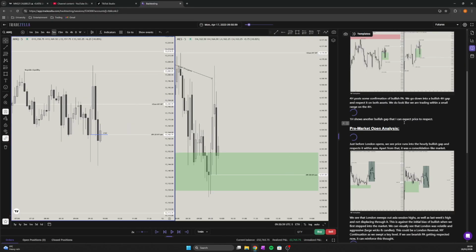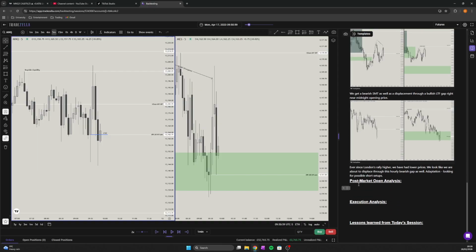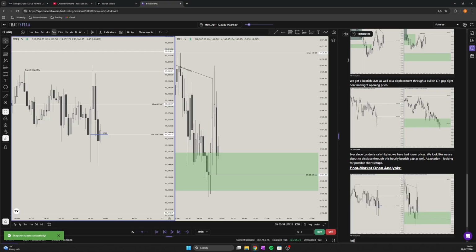So let's just actually journal all this stuff now because we're in the open. Following New York AM Open, we see a rally higher taking out the time frame low resistance plus liquidity.